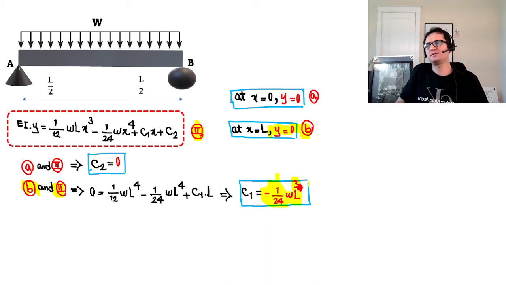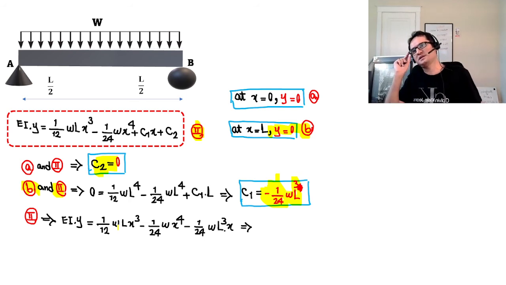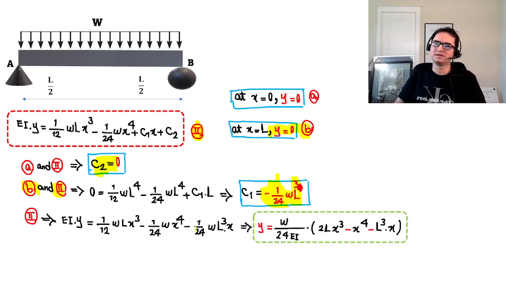If you replace C1 and C2 in the main equation at the top, it gives us EI times y by this equation. If you rearrange the equation, y, or delta, is equal to W over 24 EI times (2Lx cubed minus x to the power of 4 minus L cubed times x).